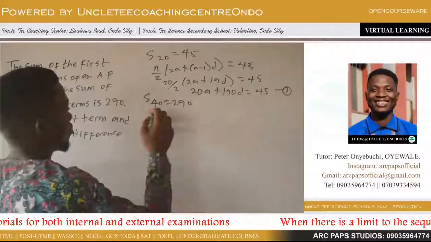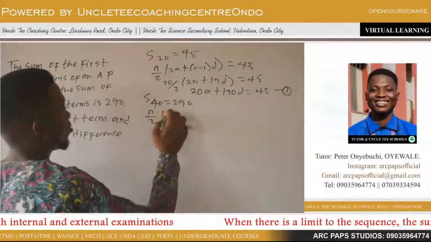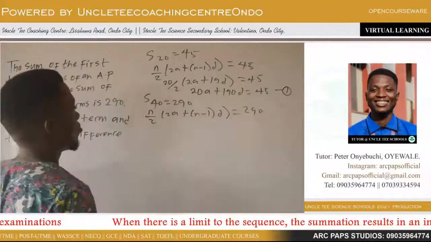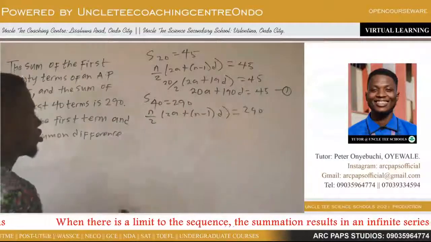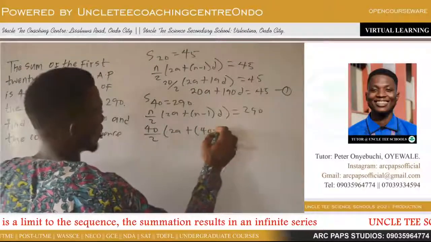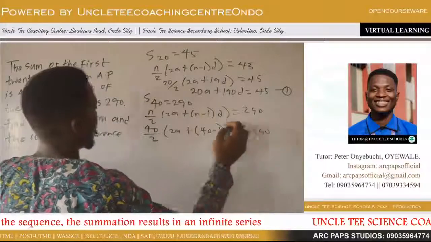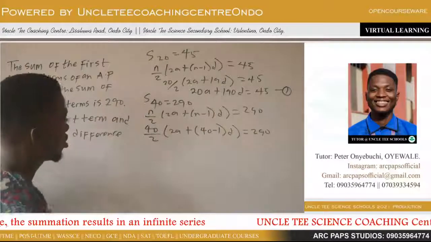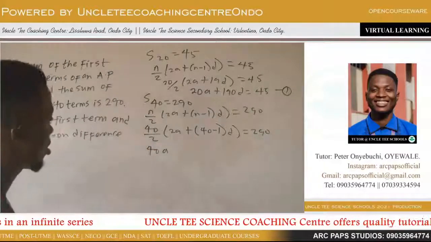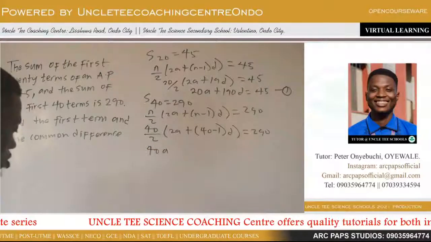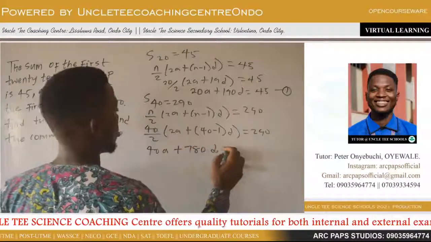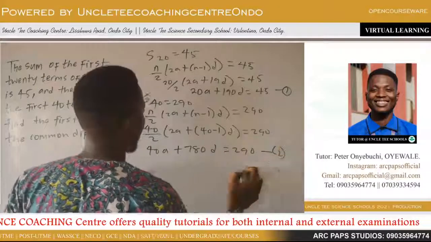Now for equation 2, we are still using the same formula. n over 2 into (2a plus (n minus 1) common difference) is equal to 290. Our n is 40, so this will give us 40 over 2 into (2a plus (40 minus 1) common difference) is equal to 290. 40 over 2 is 20, so 20 times 2a is 40a, plus 20 times 39, that is 780d, is equal to 290.